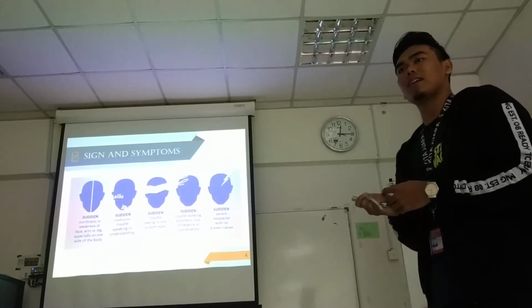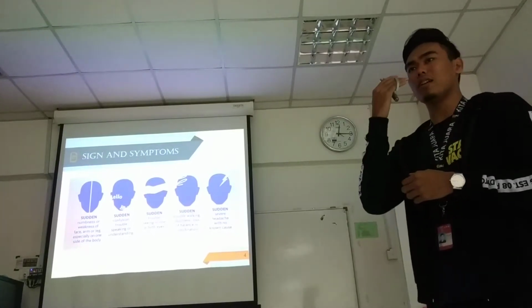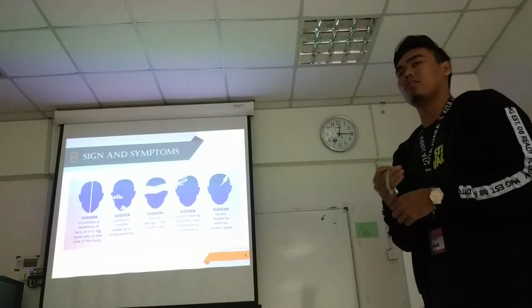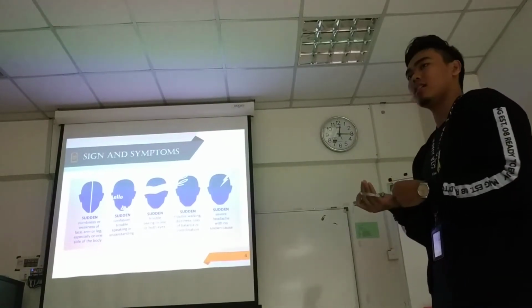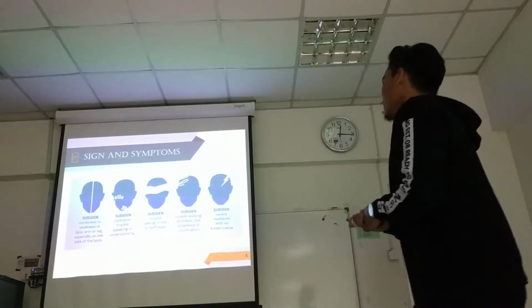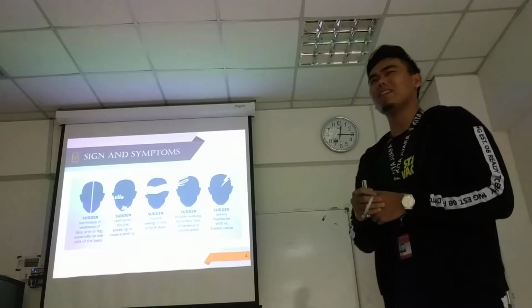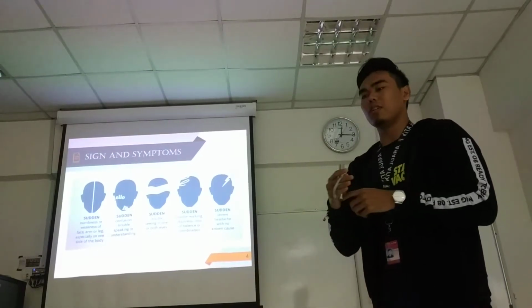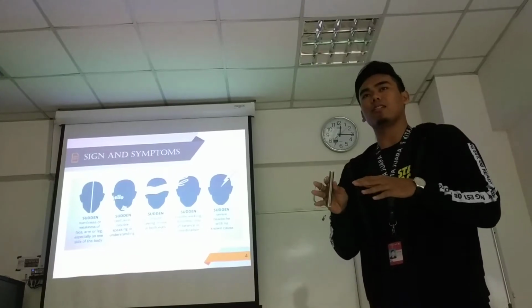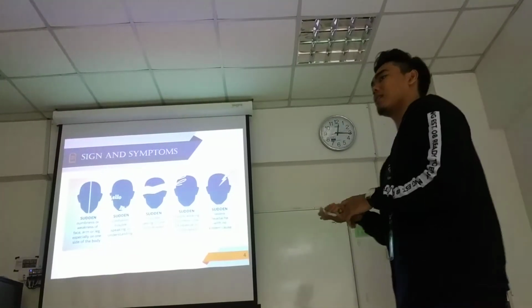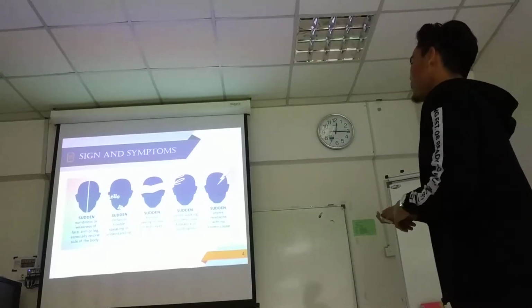Next, they will have sudden trouble seeing in one or both eyes. Next, they will have sudden trouble walking, dizziness, and loss of balance. Last, they will have a severe headache with no cause. Like before this, there's no headache, no migraine, but suddenly they have a severe headache.